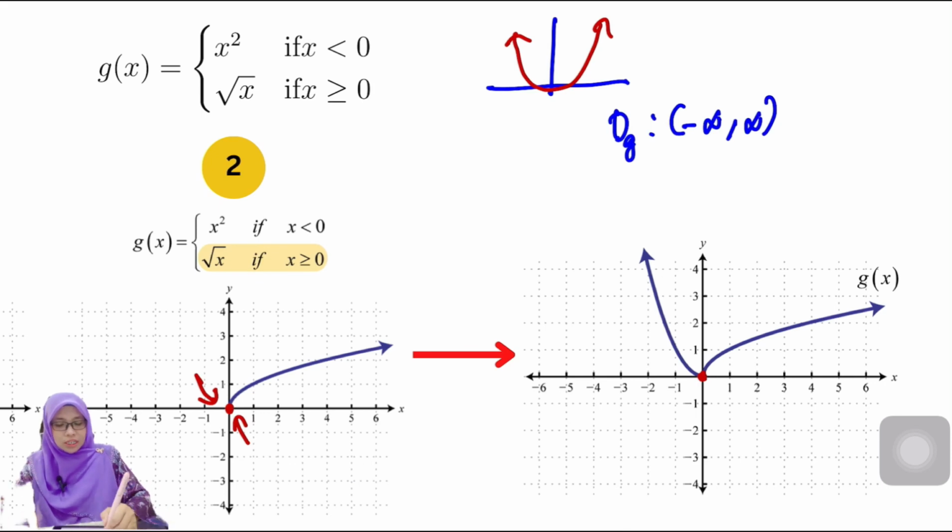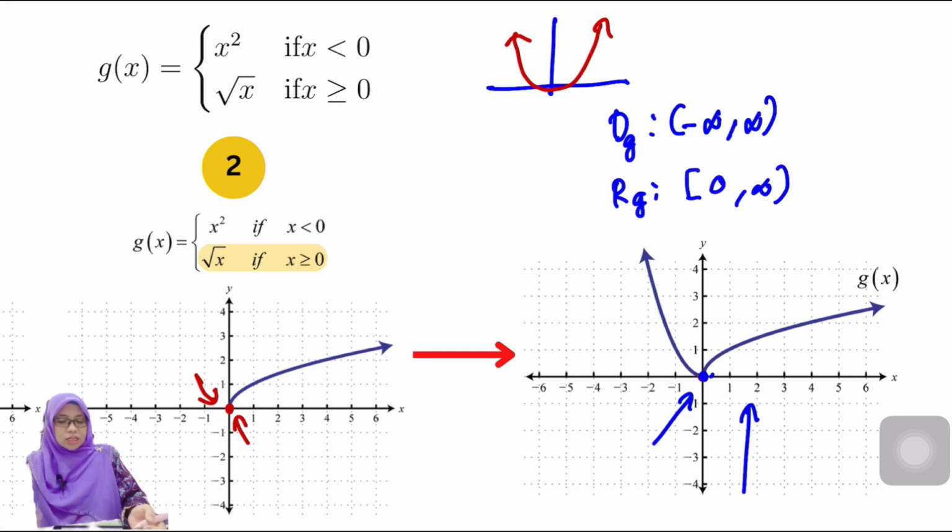And how about the range? To determine the range of the function g, you have to look from bottom to top. The first value of y starts from 0 and it is a dot here, therefore the range is closed bracket 0 until infinity. That is how to determine domain and range graphically.